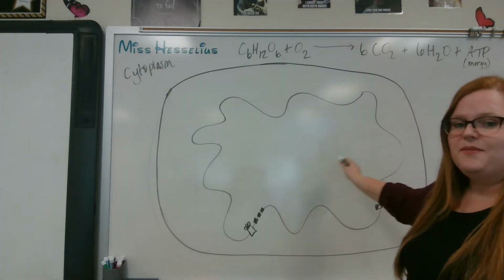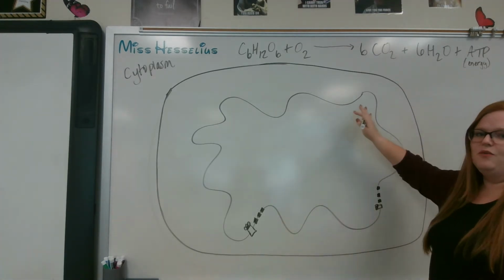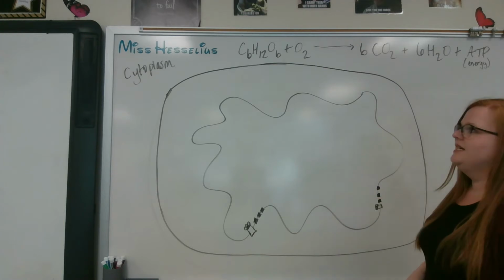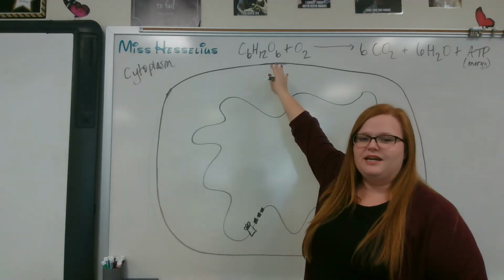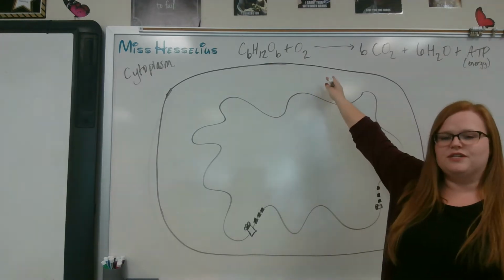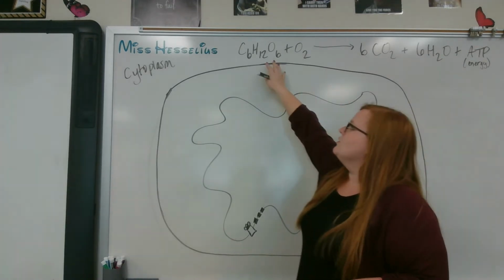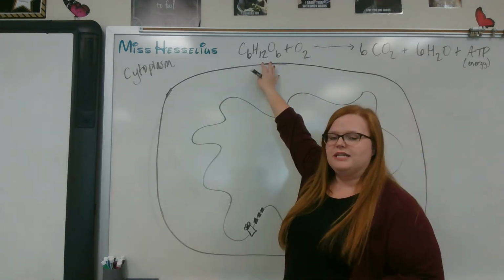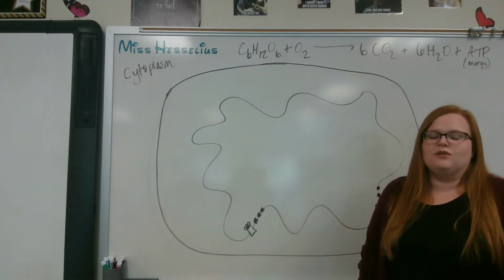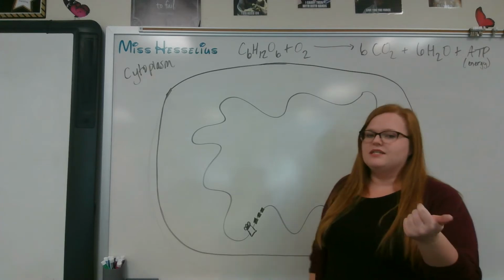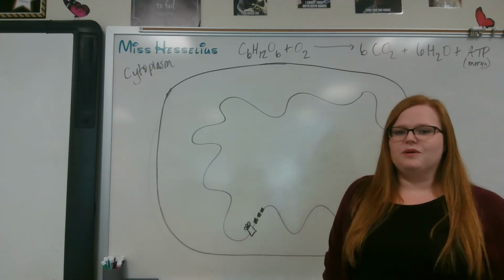So this is a really basic drawing of a mitochondria. This is where cellular respiration happens. If you've done the study guide, you should have seen the chemical reaction for cellular respiration: glucose, C6H12O6, plus oxygen. The food we eat gives us carbs, and glucose is a carb, and the oxygen we get from the air we breathe.